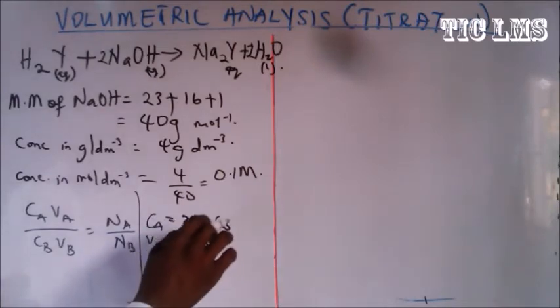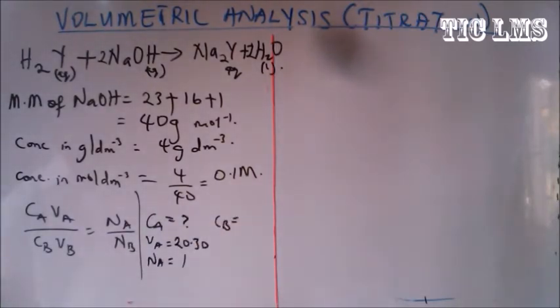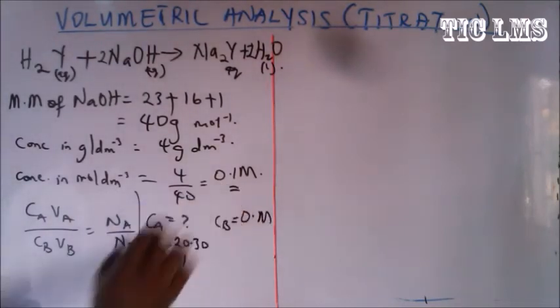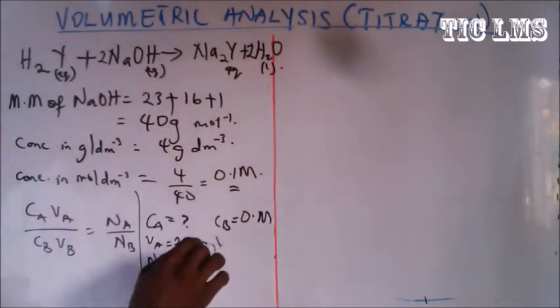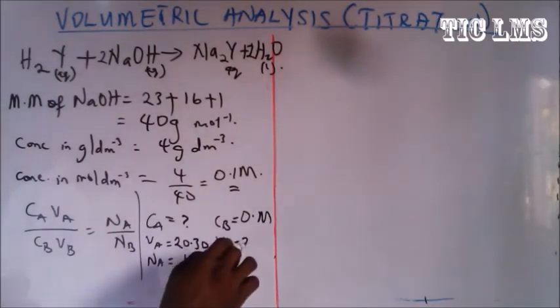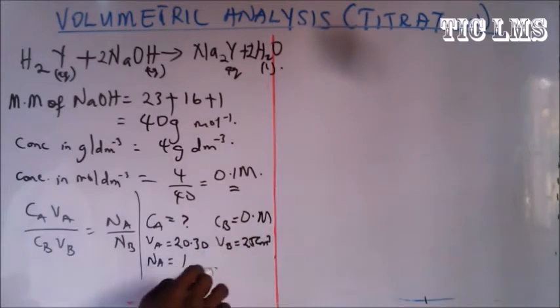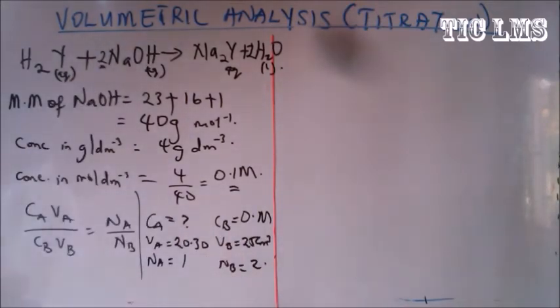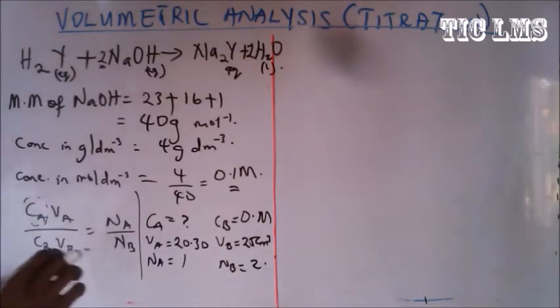The concentration of base in this question is 0.1 molar, which is what we've just derived. The volume of the base in this question is 25 cm cubed, and the number of mole of base is 2.